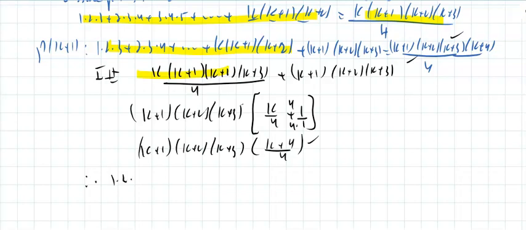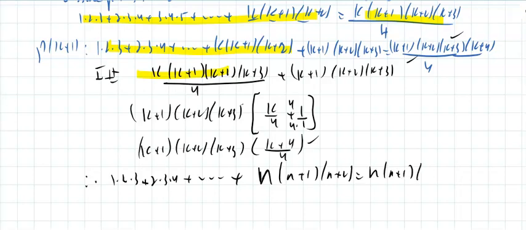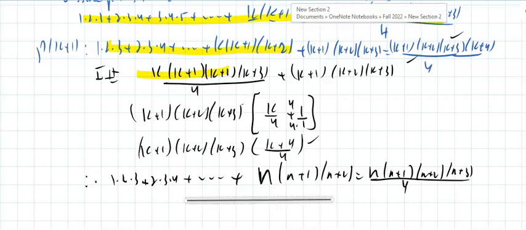Therefore, 1 times 2 times 3 plus 2 times 3 times 4 plus n into n plus 1 into n plus 2 must equal n into n plus 1 into n plus 2 into n plus 3 all over 4. And that's pretty much it for this section.